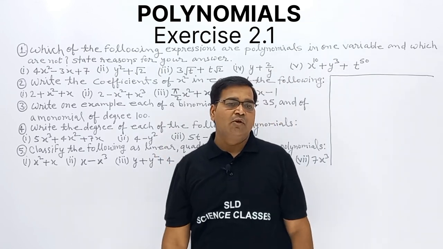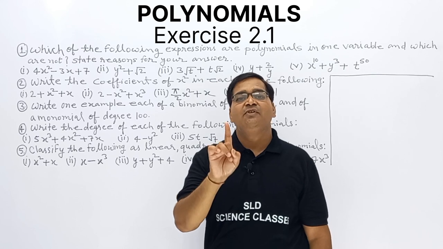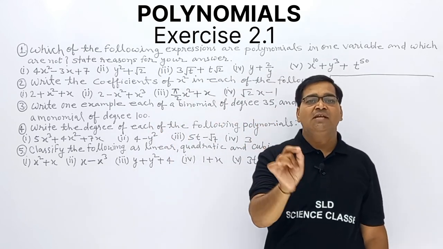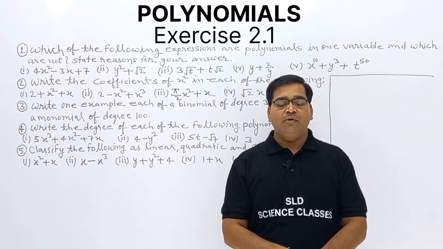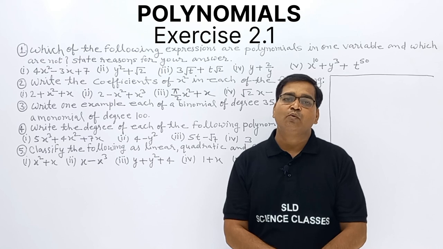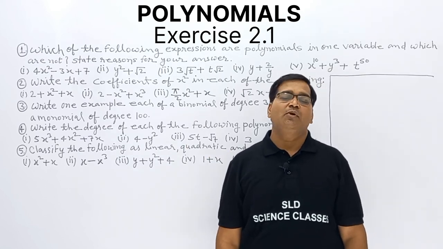We want to find which one is a polynomial and which one is not a polynomial. Once we know the definition of the polynomial, then we can easily identify which one is a polynomial and which one is not.